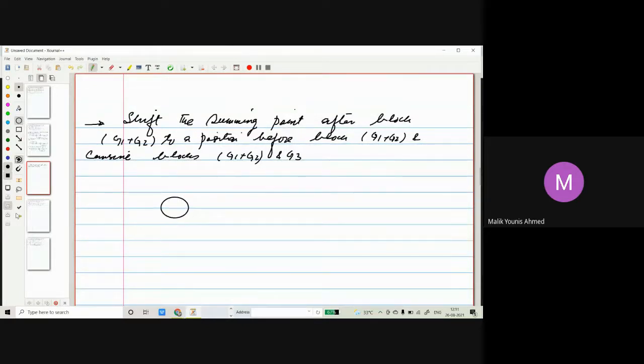Okay, here. This is the summing point I am shifting. Then I will have a block here, and then I will have a block in the feedback. Now I will take the signals.